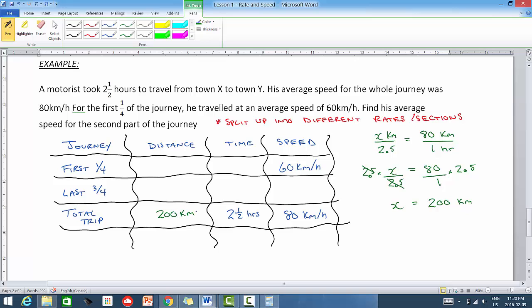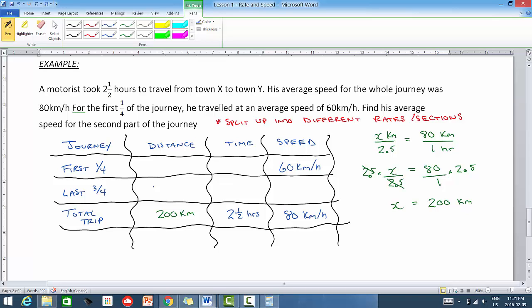And you ask yourself now, well, I don't have any information up here or any information here. How am I going to find the first quarter, the third quarter, the time for each one? This is going to take a little bit of your own intuition. If you think for a second that you've gone 200 kilometers, if you split that up into quarters, into 4 equal parts, you'd find out how much a quarter of the trip was, or 2 quarters, or 3 quarters by multiplying that value by 2 or 3 or whatever you're looking for.